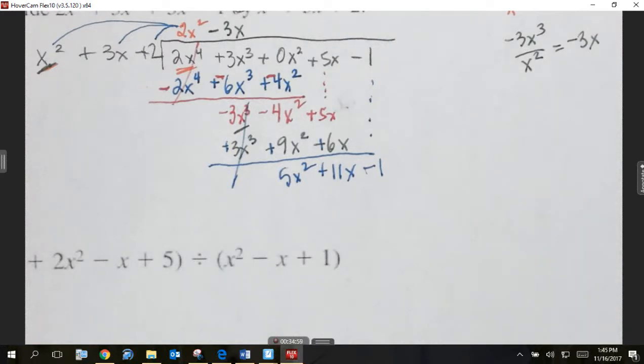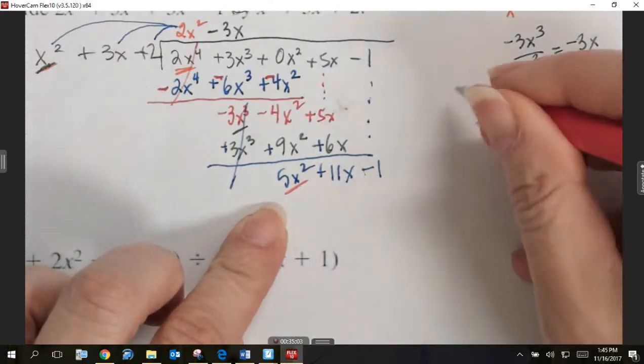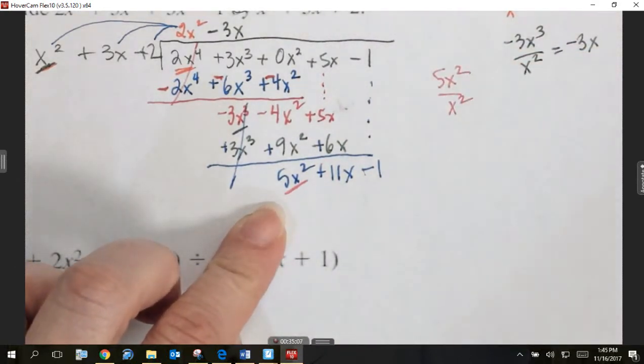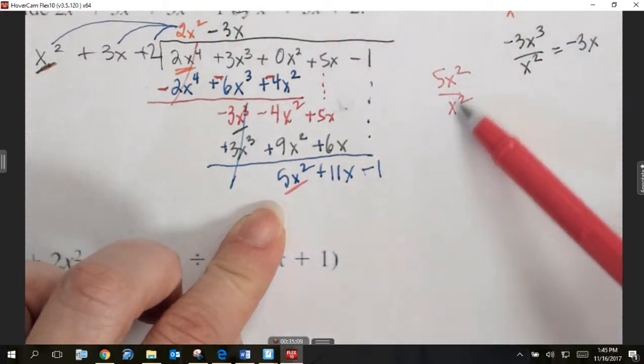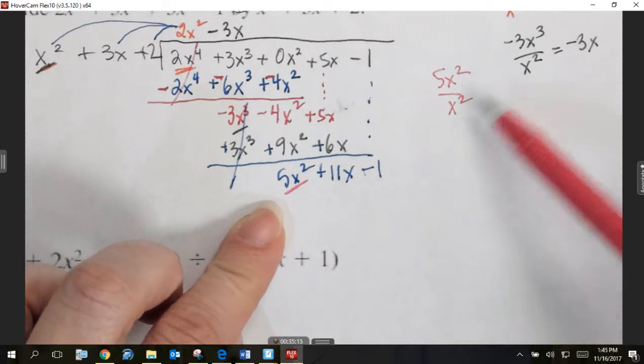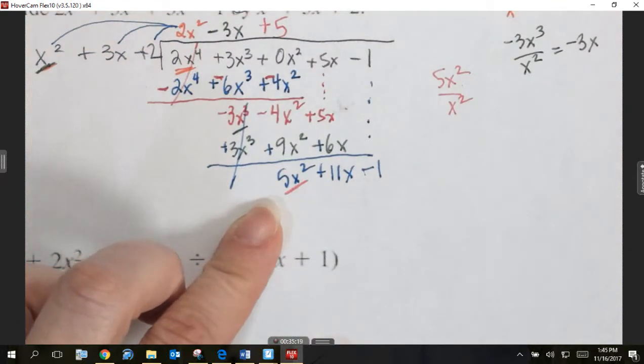So I'm going to be dividing x squared into 5x squared. What do I get when I divide 5x squared by x squared? I just get 5, because the x squareds will cancel out.